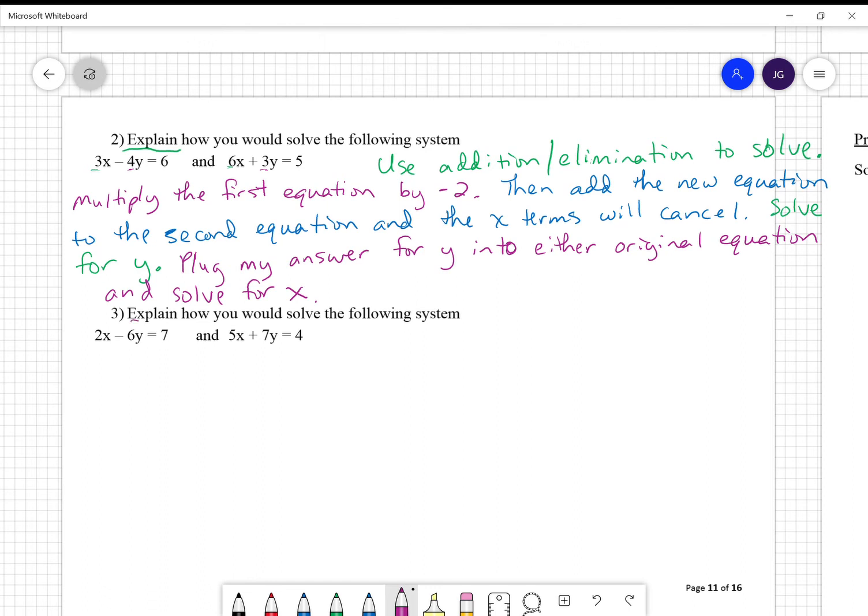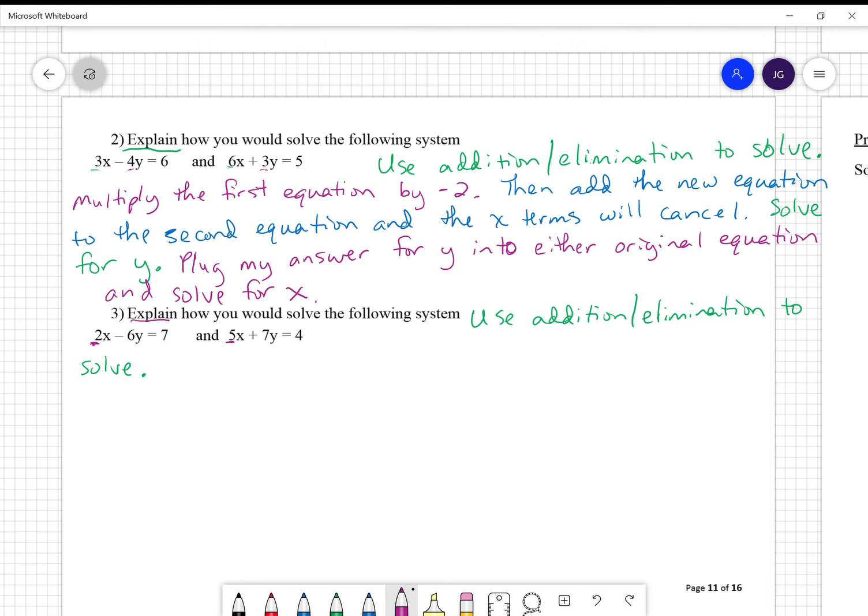Okay, again, number 3, explain. Again, I don't have x or y by itself in either equation, so I'm going to use addition, elimination to solve. Now let's figure out how we're going to do that. My x coefficients are 2 and 5. So my LCM is 10.